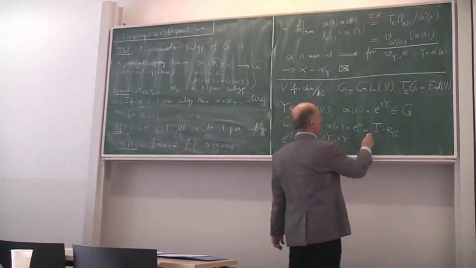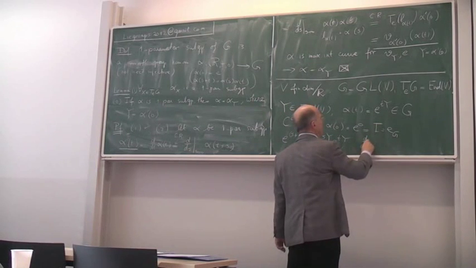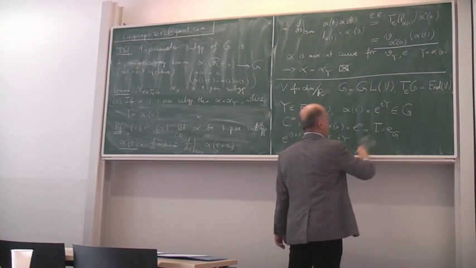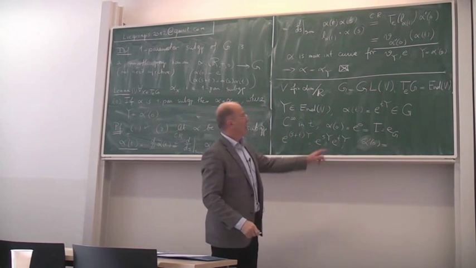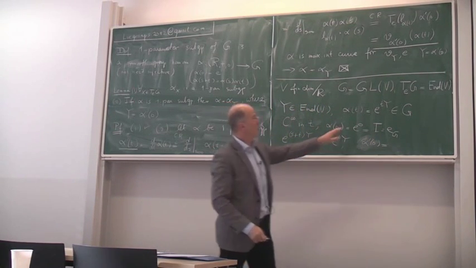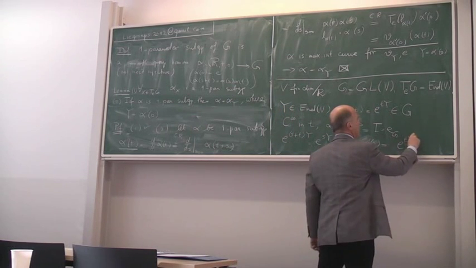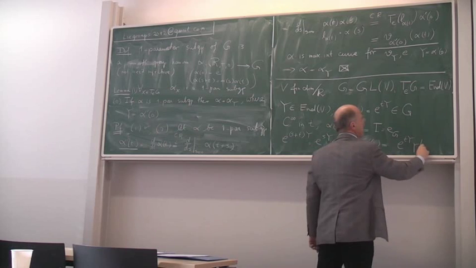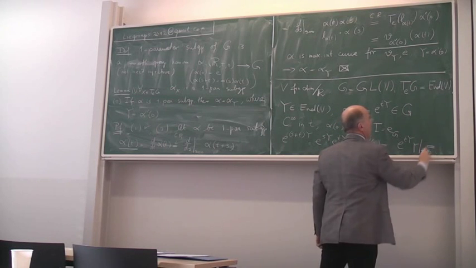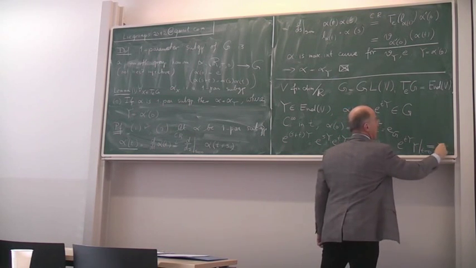And what is the form? Well, what is alpha prime of 0? So what is the derivative of this exponential? Well, that's e to the ty times y at t is 0, which is equal to y.